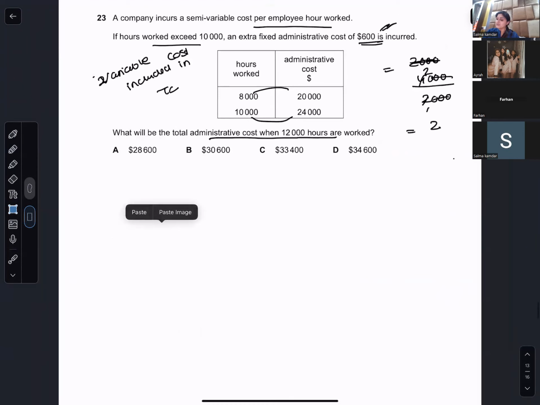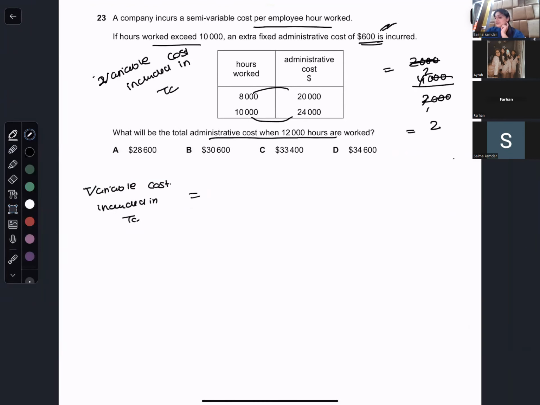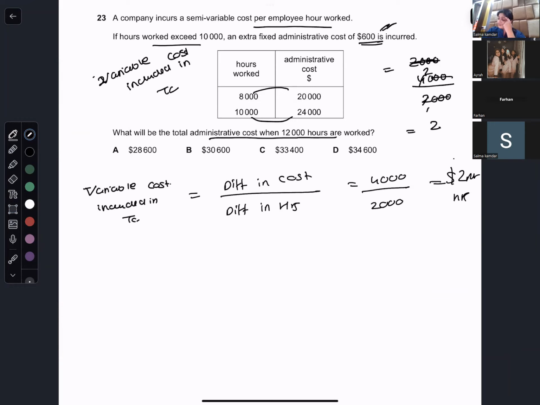So the difference in cost is 4,000, the difference in hours is 2,000, so it is equal to 2.